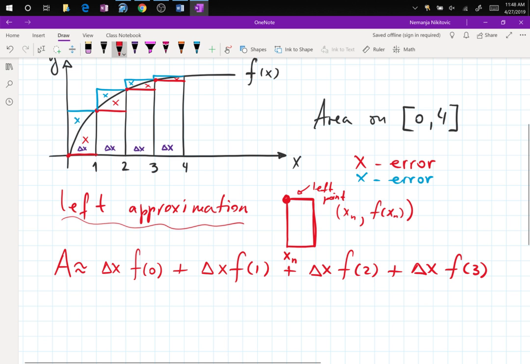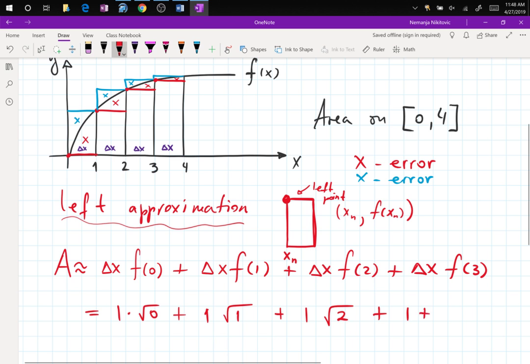So I have 4 rectangles and just 4 calculations of length times width. So in my case, this is equal to 1 times square root of 0 plus 1 times square root of 1, because my function is root x and my values at which I'm computing are given by the picture.